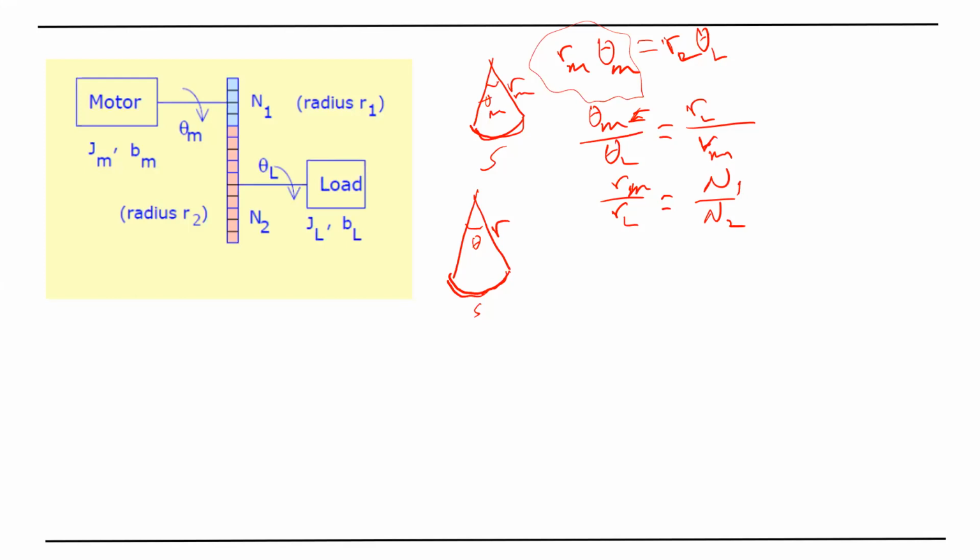What's the relation? Maybe the radius is large, but why does that mean there are more teeth?